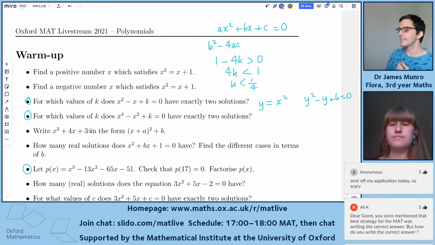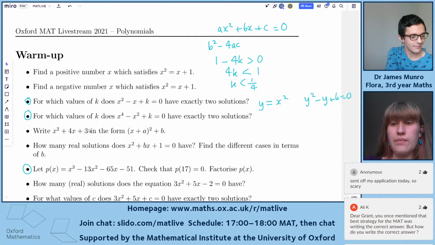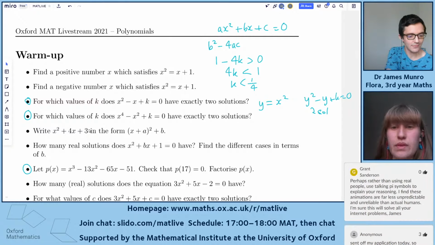So we know that, looking at the discriminant, this quadratic, in terms of y, has 2 solutions when k is less than a quarter.